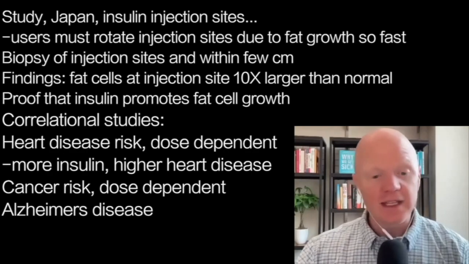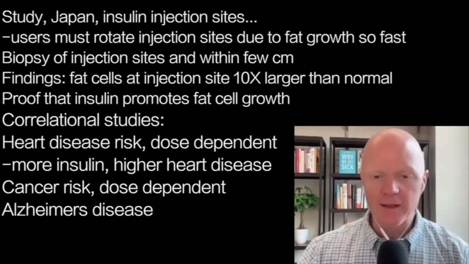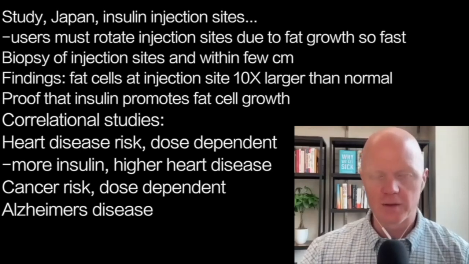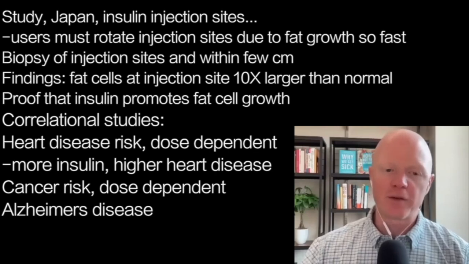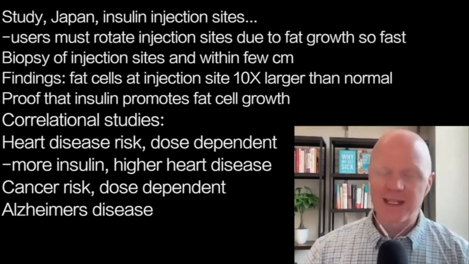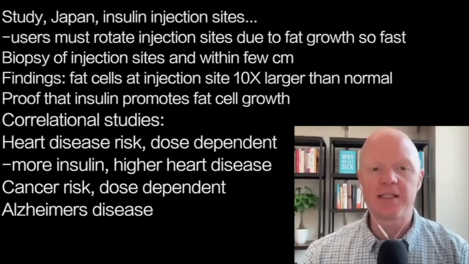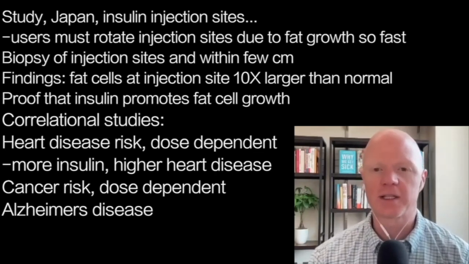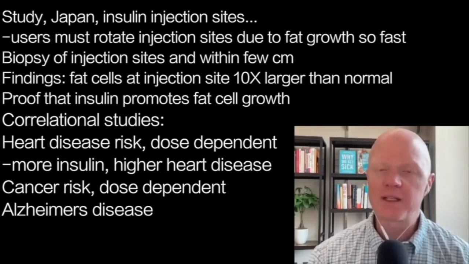Now, beyond the inconvenience of gaining weight, there are true chronic disease concerns, all of which has been shown, admittedly, through correlational studies in humans. The first is heart disease risk: insulin therapy in type 2 diabetes is associated with an increased cardiovascular risk, and there's a dose-dependent association.